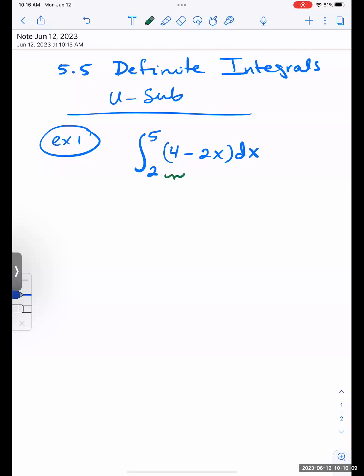Integral of 4x. Integral of 2x. You add 1 to the power of x. Yeah, x is x to power 1, so you're adding 1 to that, it's 2. And you are dividing by that 2. And then you go from 2 to 5.